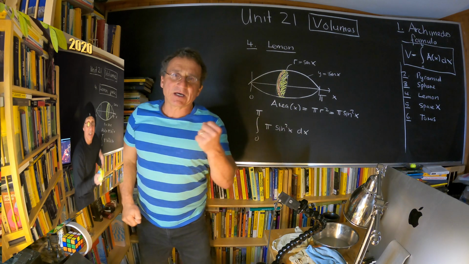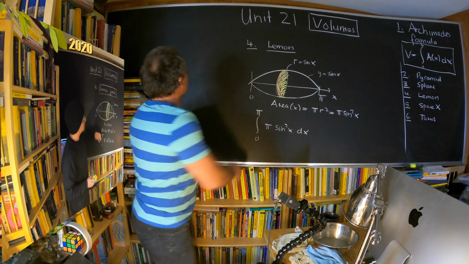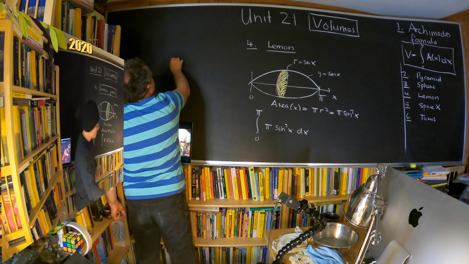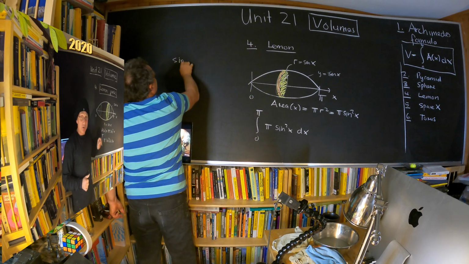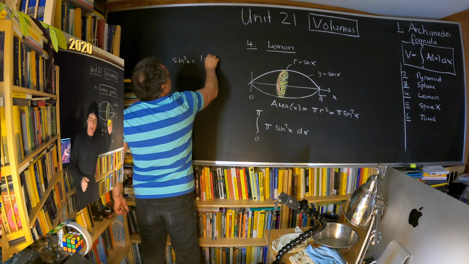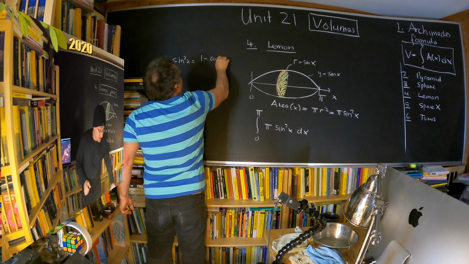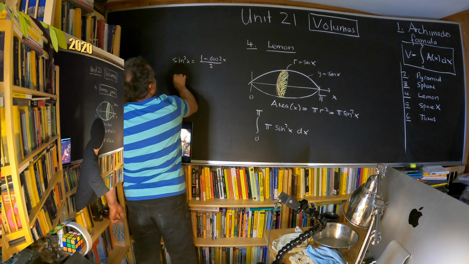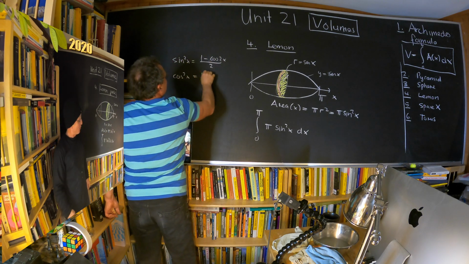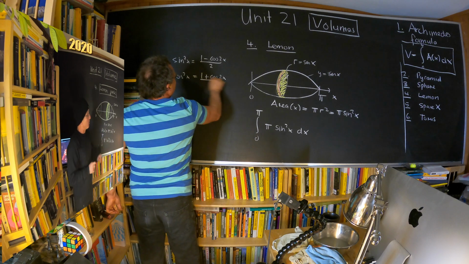And again, the double angle formula is your friend. Just repeat that quickly. Sine squared x is 1 minus cosine 2x over 2. Cosine squared x is 1 plus cosine 2x over 2.